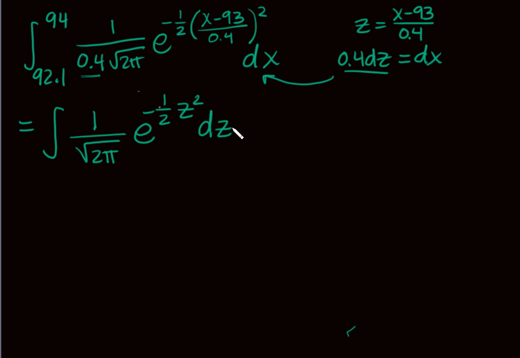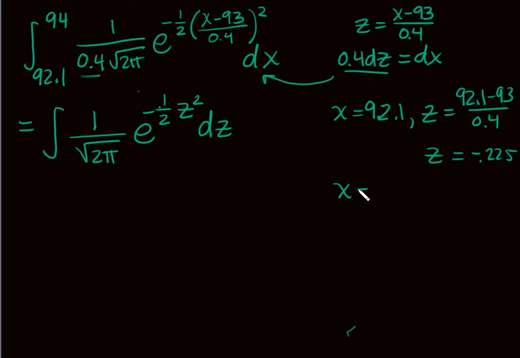Now notice I haven't put my bounds. Remember, those bounds are for x, so we need to change them. When x is 92.1, what is z? I'm going to plug that in here. I would get 92.1 minus 93 all over 0.4. I get a negative 0.225.